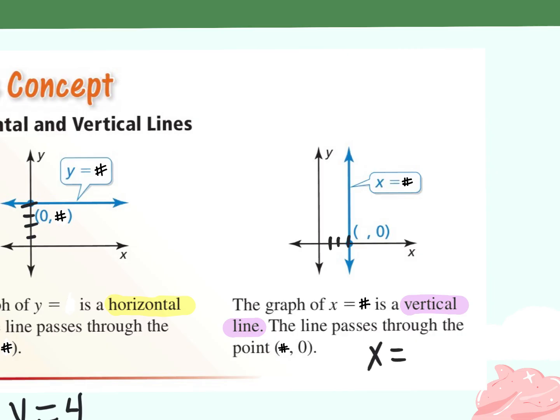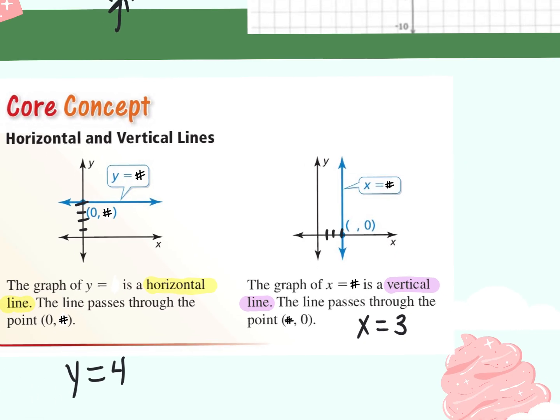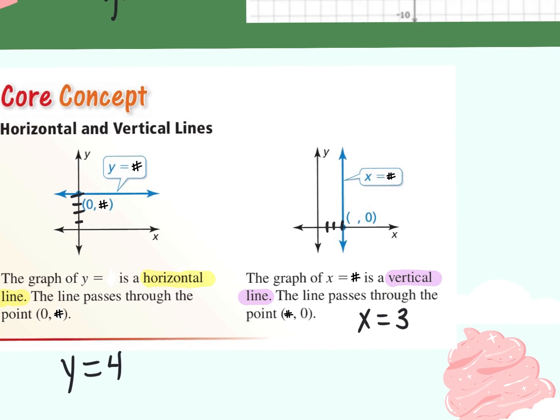Where is it crossing the x-axis now? 3. So the equation would be x equals 3. Okay, so horizontal lines, it's always y equals whatever number it's crossing the y-axis at. For vertical lines, it's always x equals whatever number it's crossing the x-axis at.